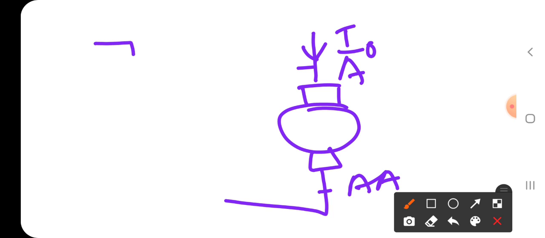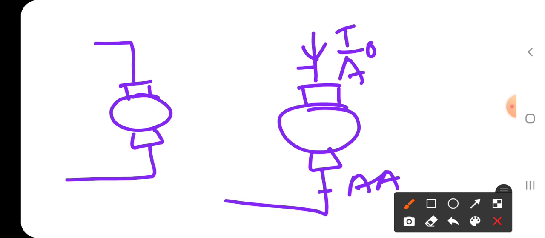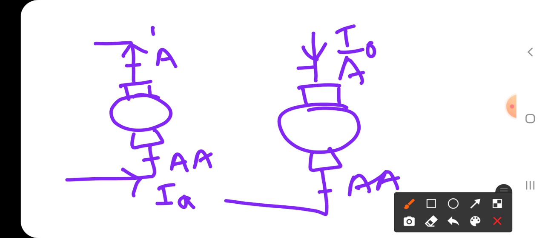If suppose this is the motor and current enters from AA and leaves at A, that is like this, it means that the motor is giving electrical energy.